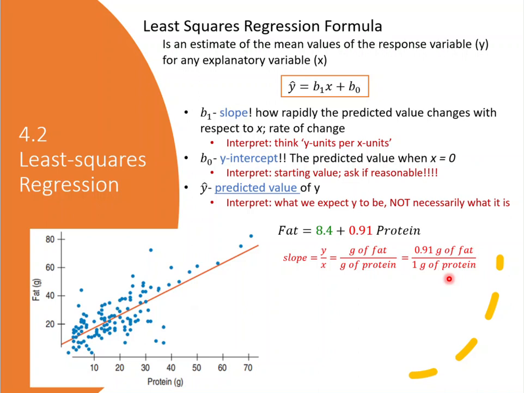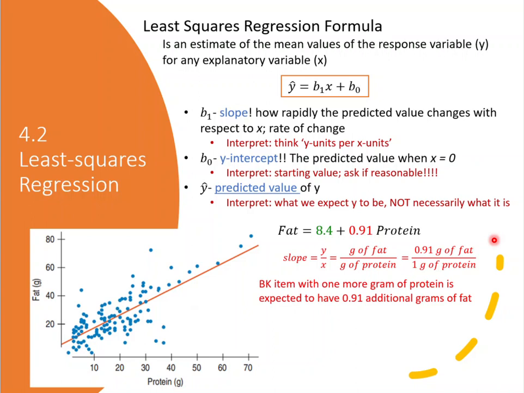So now we have 0.91 grams of fat for the numerator and then 1 gram of protein for the denominator. All I did was add the number representing slope over 1. Having taken the time to set up this ratio, I'm now ready to move into a sentence form of interpreting that slope.